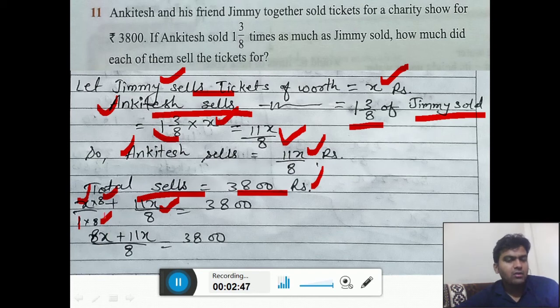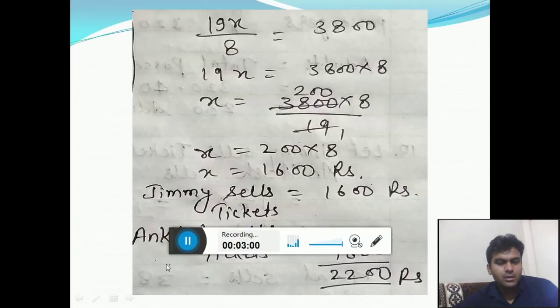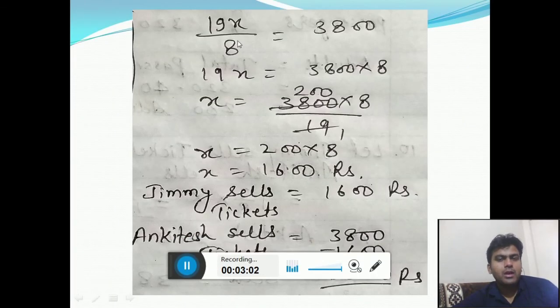So now we can add 8x and 11x because both have the same denominator. So now 8 and 11 equals 19. So now 19x upon 8 is equal to 3800. Now transfer the 8 to the right hand side.